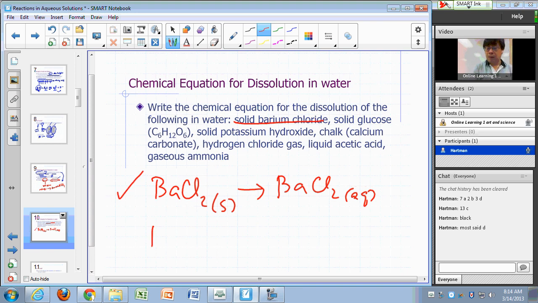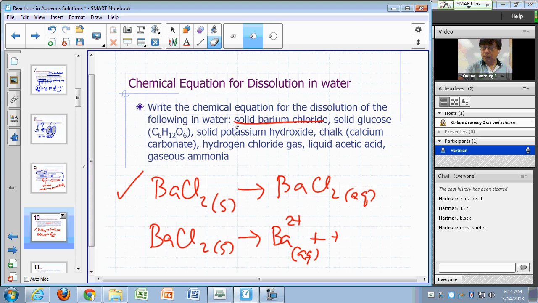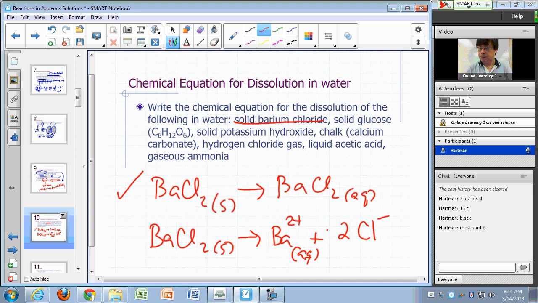The ionic equation would be BaCl2 solid yields barium ions, aqueous, plus 2 chloride ions, aqueous. So this is what you would call your ionic equation. It's a more accurate way of describing what happens.